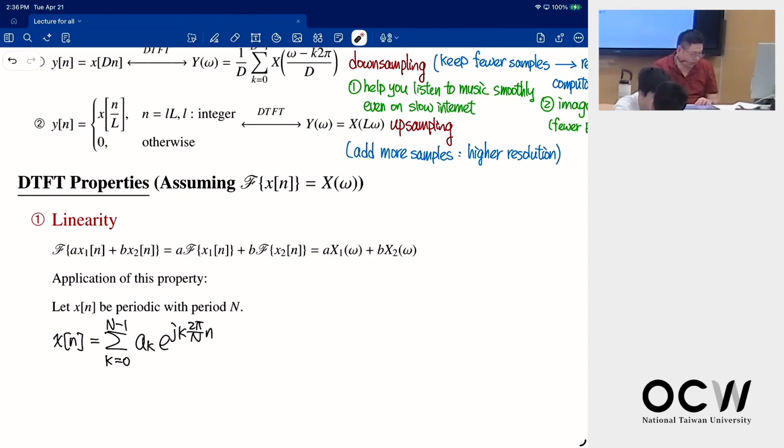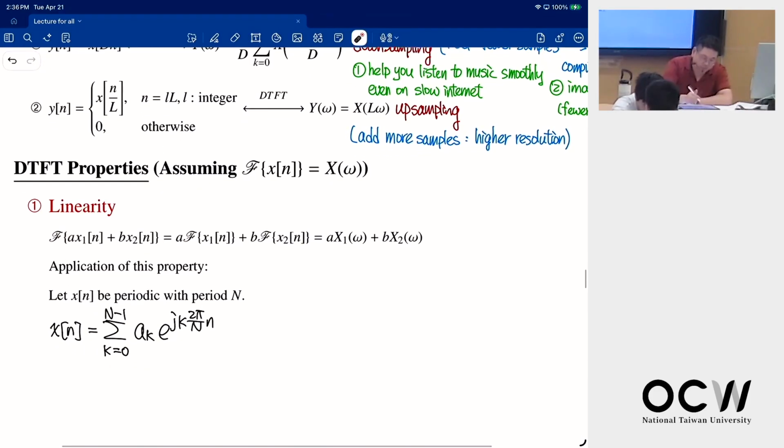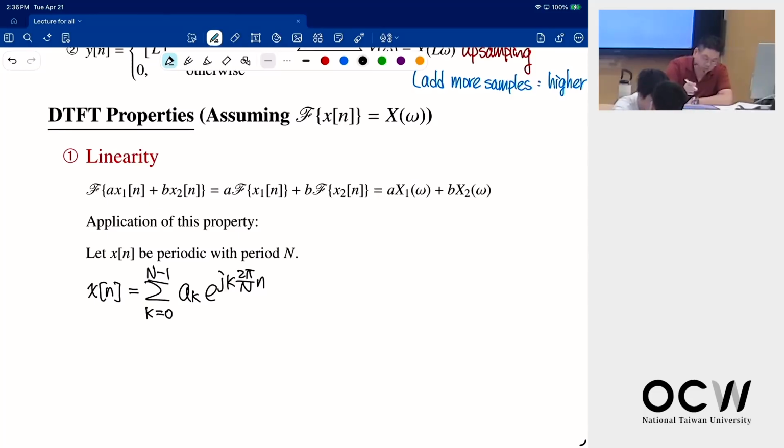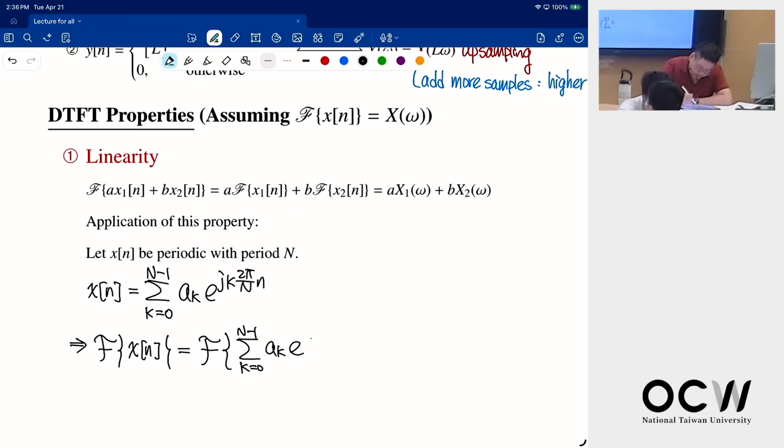Now let's see the discrete time Fourier transform. Let's write it down again: k from 0 to N minus 1, a_k e to the j k 2 pi over capital N times n.